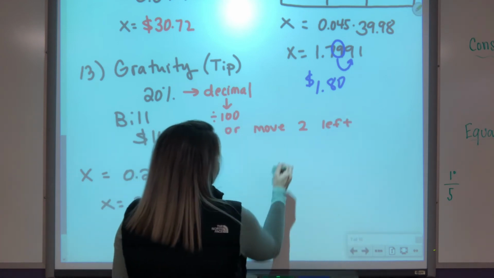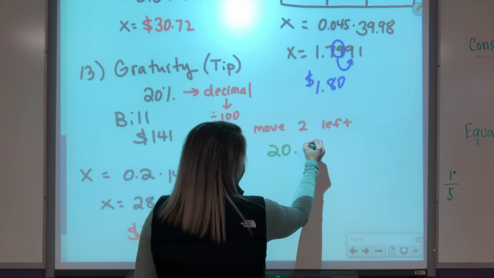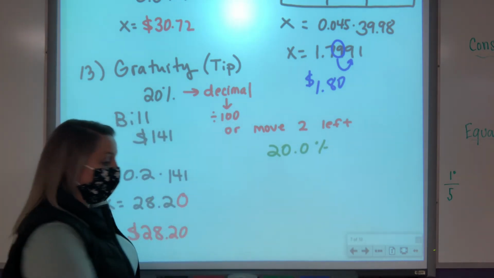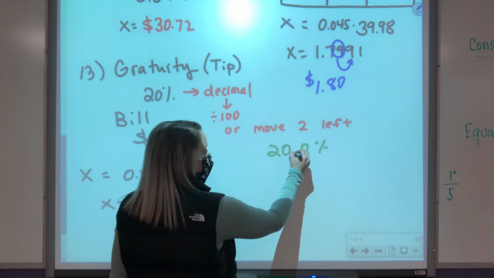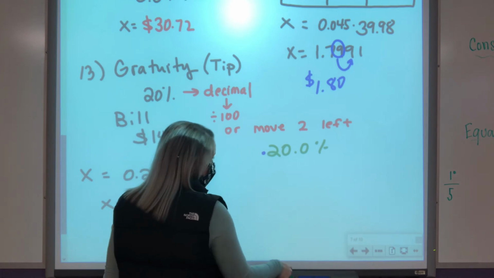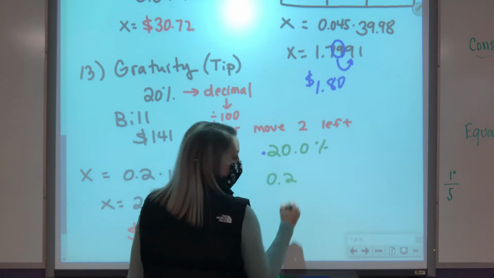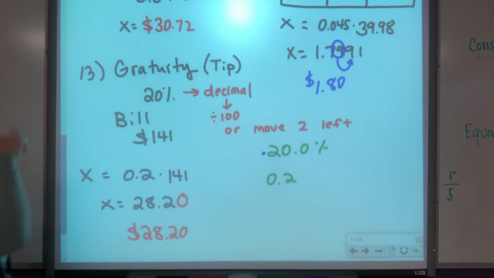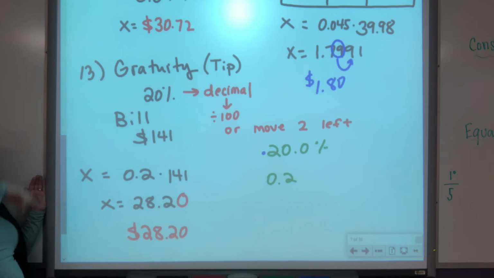So right now, that's our percentage. Our decimal is sitting right here, so we move it 1, 2. So we've got 0.2 as our decimal. We always move our decimal 2 places if we're converting from a percent to a decimal, just scoot it to the left 2. Good question.